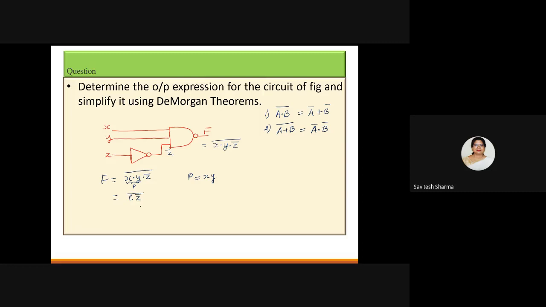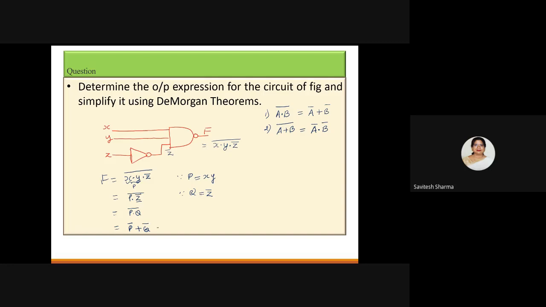Assume this is p and z complement is q. So what is the expression now? P dot q. This is the same as I said in the De Morgan theorem: (p dot q) complement is equal to p complement plus q complement.